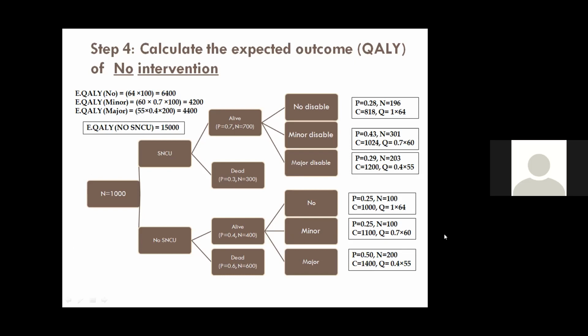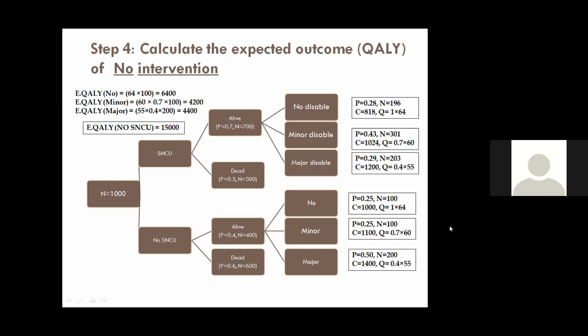Similarly, minor you can easily do now. The utility value given for a child with minor disability is 0.7. Yes, Pranav is asking, QALY equals length of life multiplied by utility value. The utility value is 0.7 and the length of life is 60. So 0.7 multiplied by 60, and then there are 100 people, so 4,200.